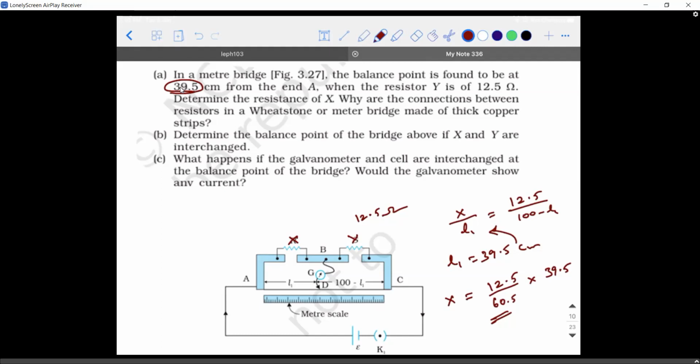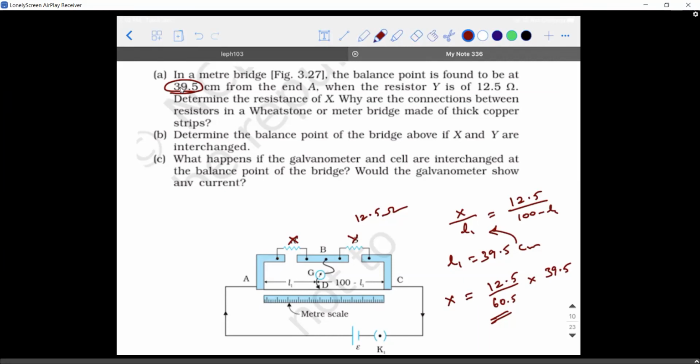Let me repeat the statement again. It is to minimize the resistance which is not taken into consideration in the meter bridge formula. See, what did I say? If this point is A, I told you this point is also A, right? But there is some resistance in this copper strip. That is to minimize that only we are using these copper strips.